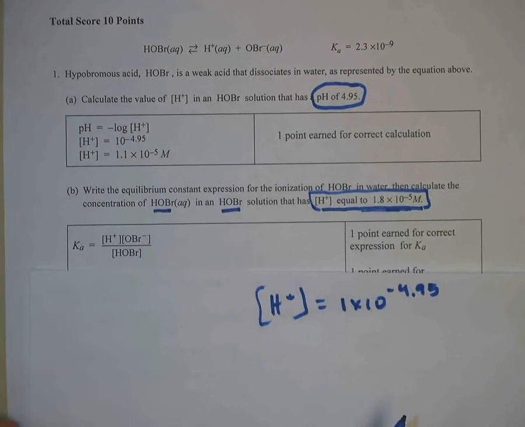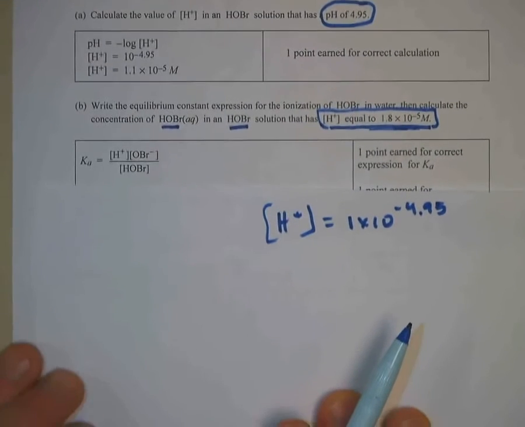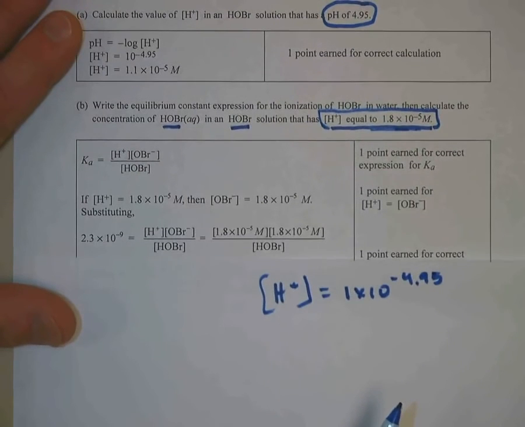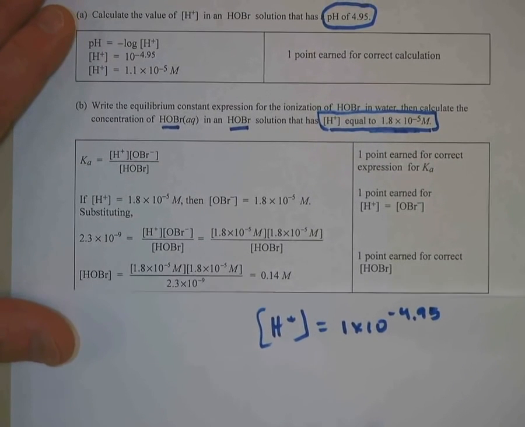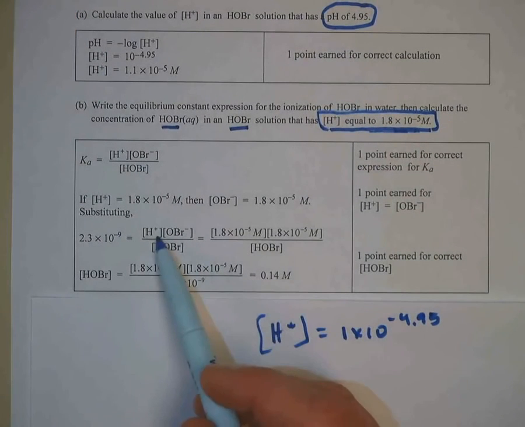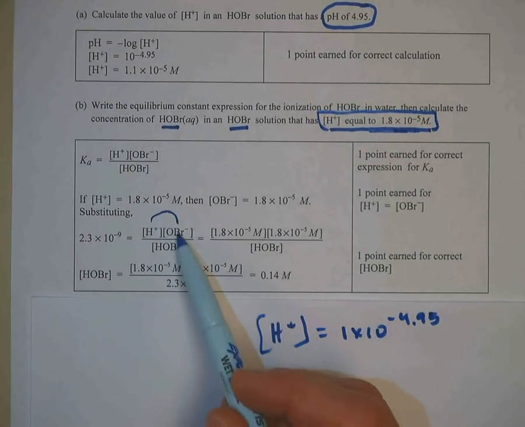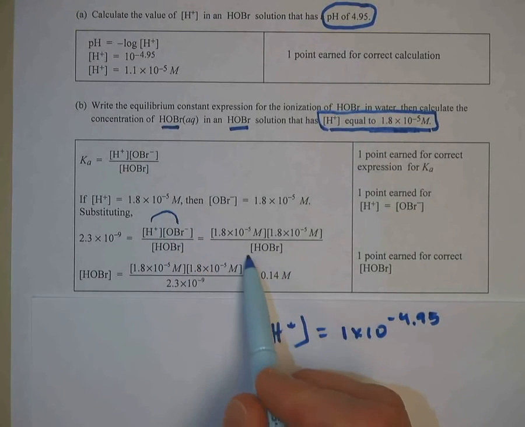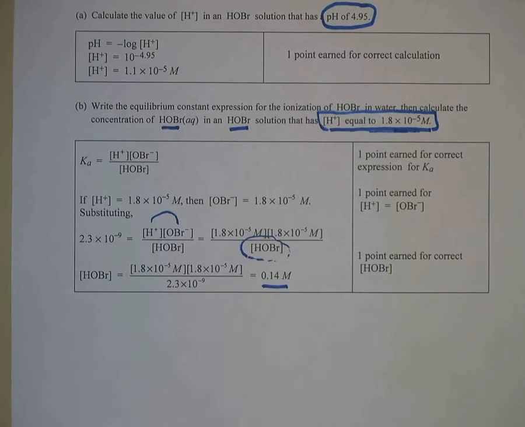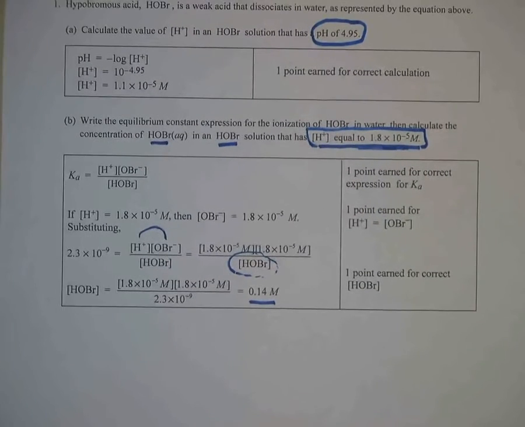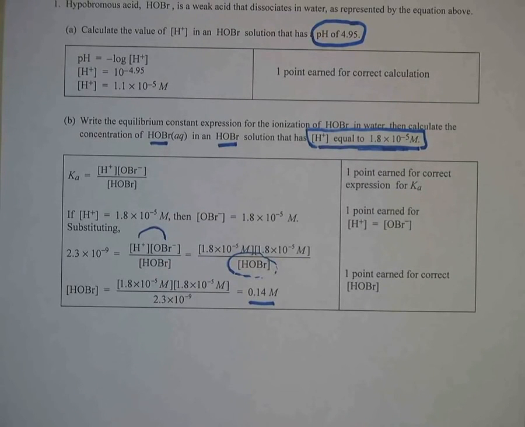So here's the Ka expression, and then they're going to have you put H plus into the equilibrium constant expression, knowing that H plus and OBr minus are equal to each other. Solve for this critter right here, and you end up with 0.14 molar. This question in 2002 actually went on and asked a common ion question. We'll talk more about that in Chapter 17.